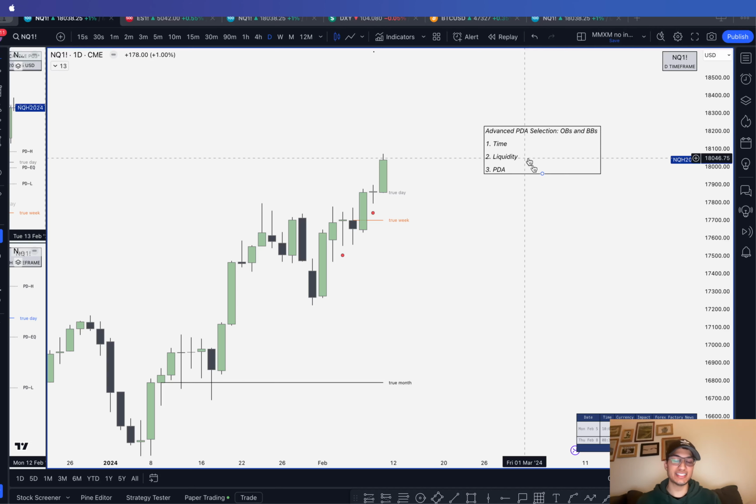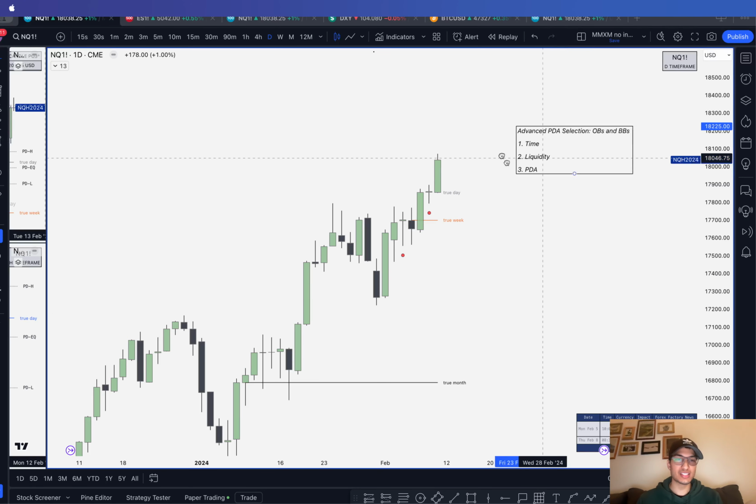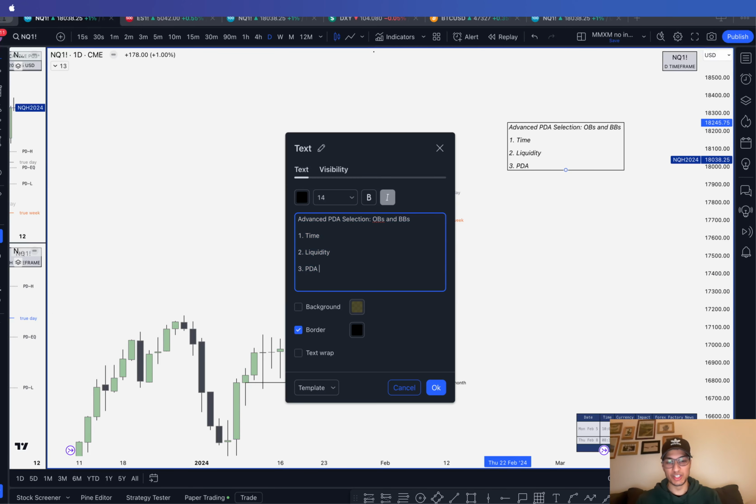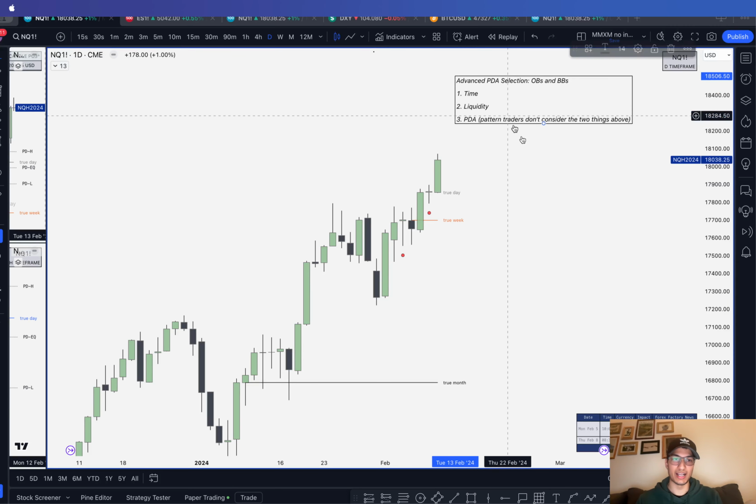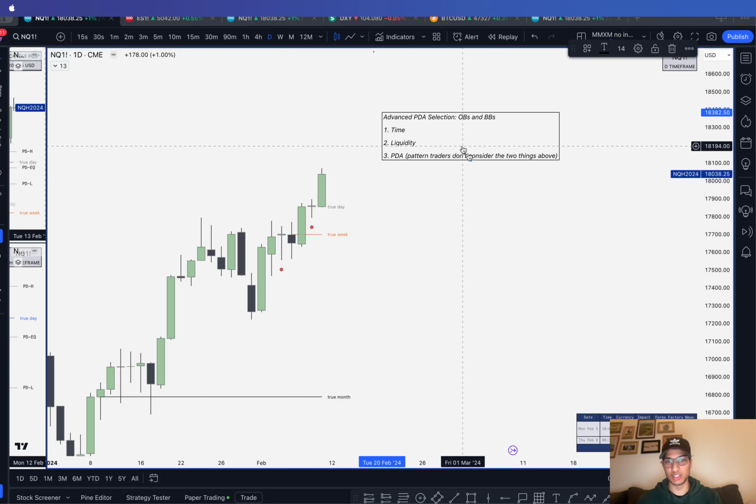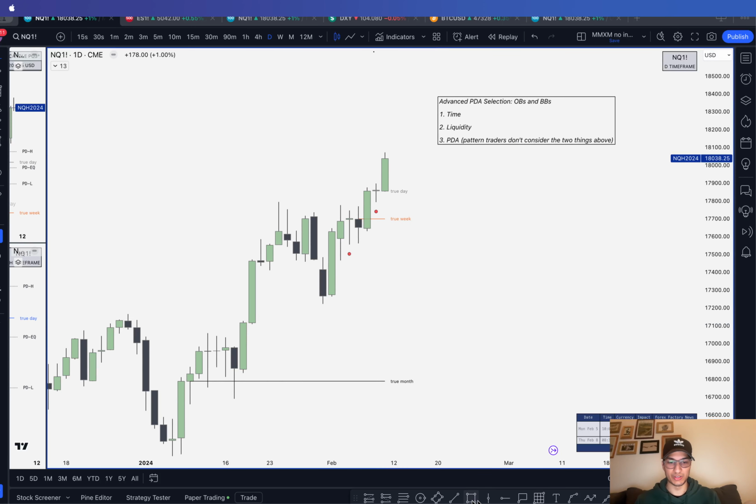While we are selecting our PD arrays, if we aren't considering these two before that, then we're choosing suboptimal PD arrays. And choosing suboptimal PD arrays means you are becoming a pattern trader. Pattern traders are going to see every single order block as a potential entry and every single breaker as a potential entry, in the same way they see every fair value gap as an entry.